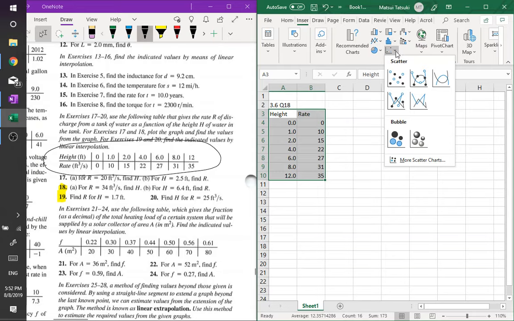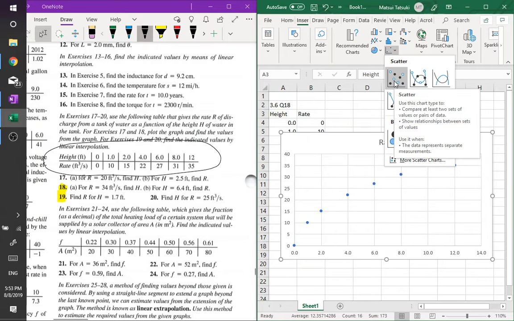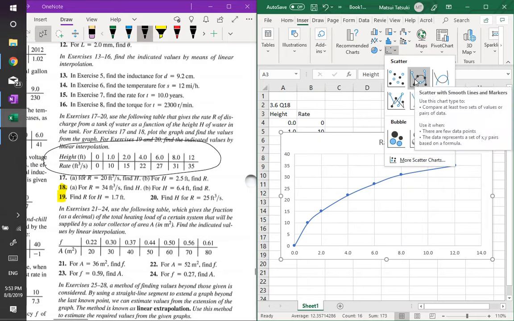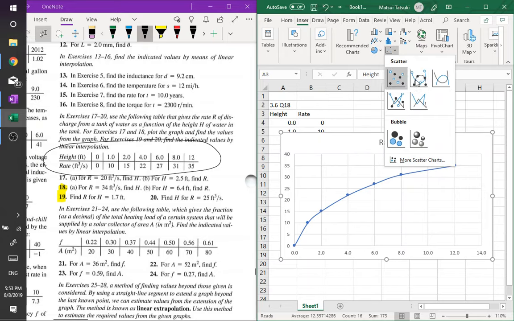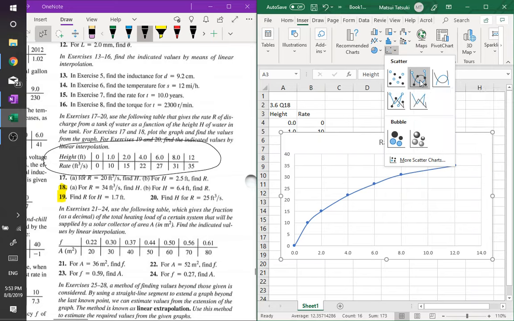So you select that icon, and then you have several options here. You could either just plot the dots or connect the dots with lines, or you can choose anything you like. But let's just choose this one, the scatter with smooth lines, for convenience.